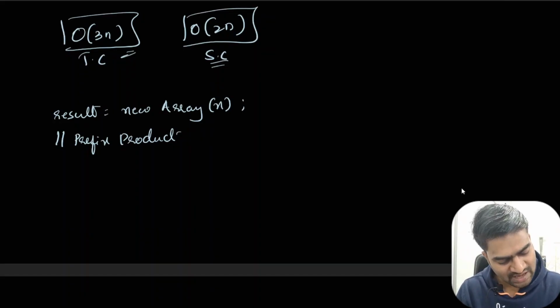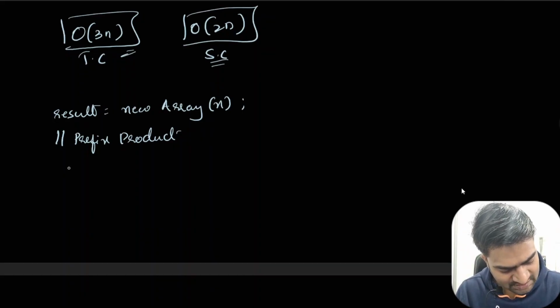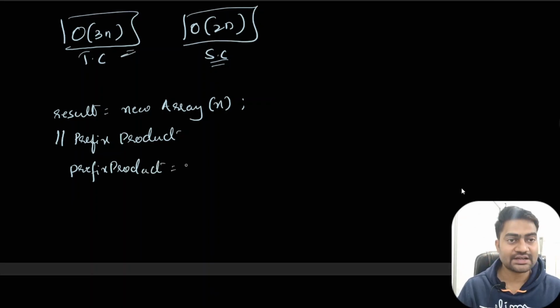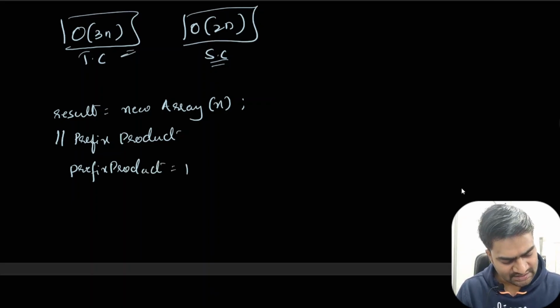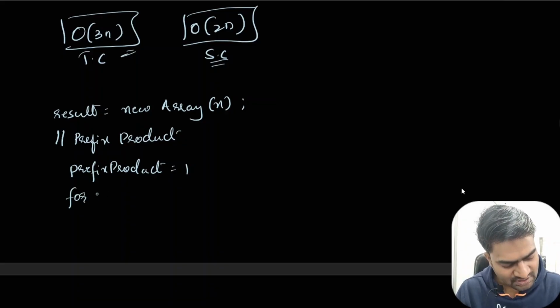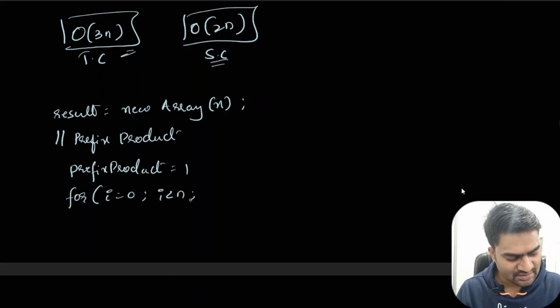So I will take a variable, prefix product, and assign it 1. Now I will start a for loop for i equal to 0, i less than n, i plus plus.